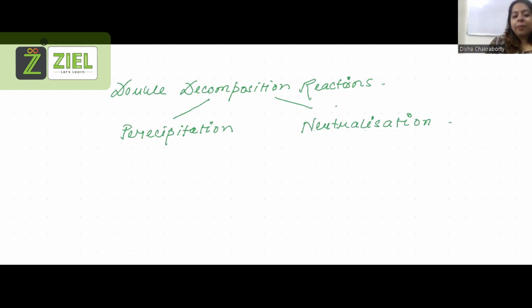Skeletally, this reaction can be represented as follows. The displacement occurs twice, so they are known as double decomposition or double displacement reactions. AB can be represented as A plus B minus, and CD can be represented as C plus D minus. The ion A combines with C and the ion B combines with D.